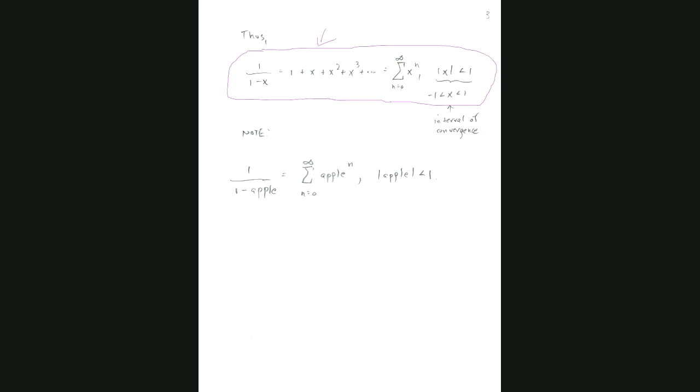If I apply this formula, 1 over 1 minus an apple would equal the series n equals 0 to infinity of apple to the nth power, where your rule of convergence is that the absolute value of the apple is less than 1, that the apple is less than 1 and greater than -1.